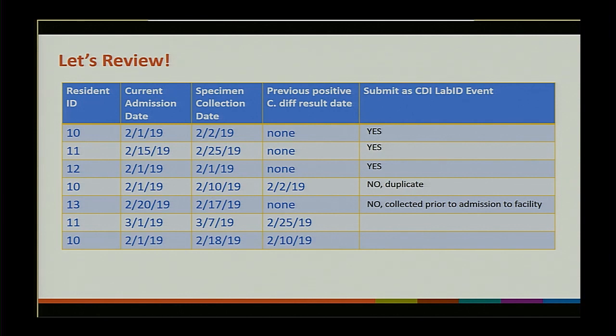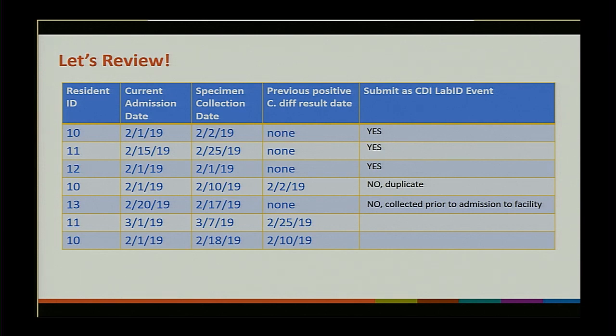Okay, we have resident 11 again. New admission date of 3/1, specimen collection date of 3/7, and the previous positive of 2/25. So what do you think about the fact that the admission date changed?